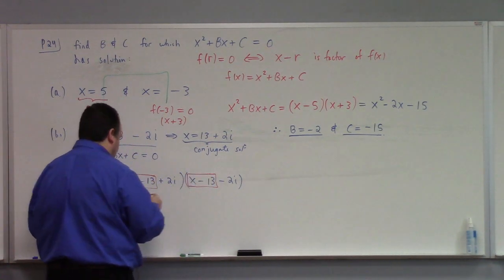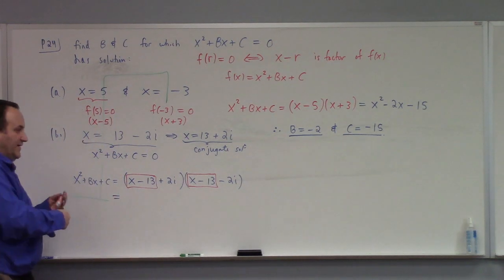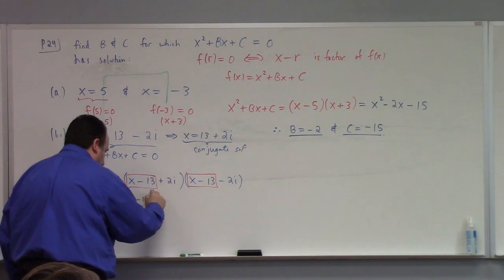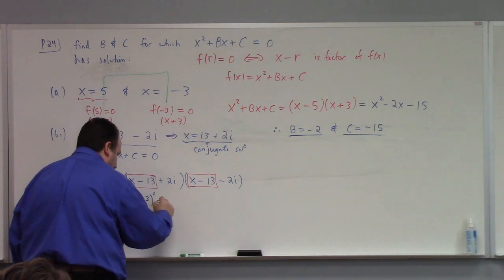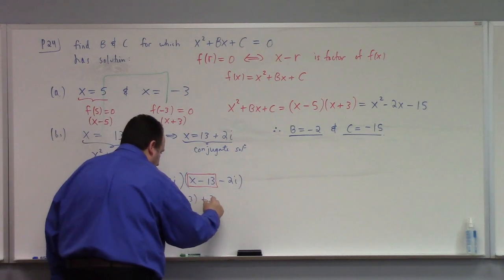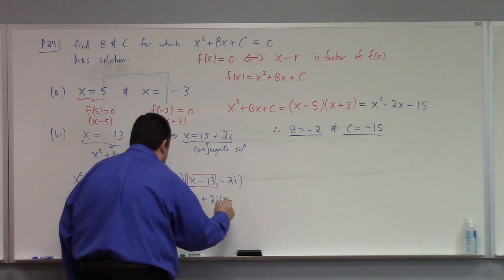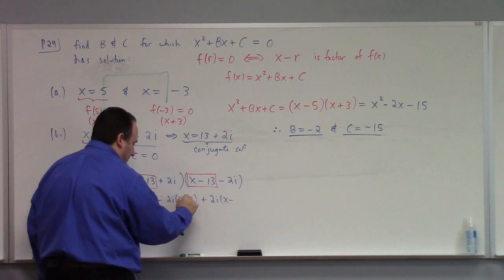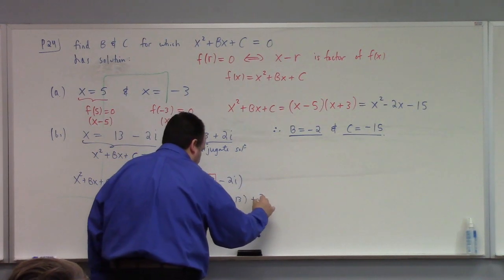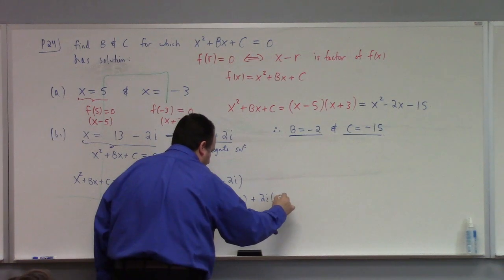It makes it easier to think about it that way. So I've got x minus 13 squared, and then minus 2i times x minus 13, plus 2i times x minus 13, and then plus 2i times minus 2i.